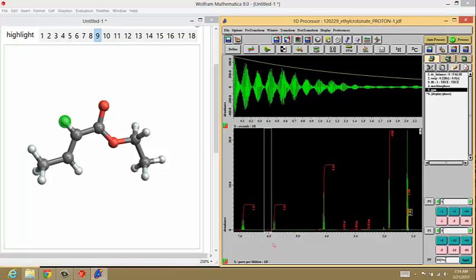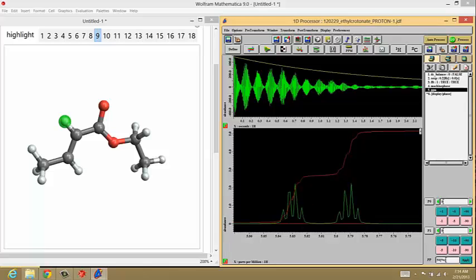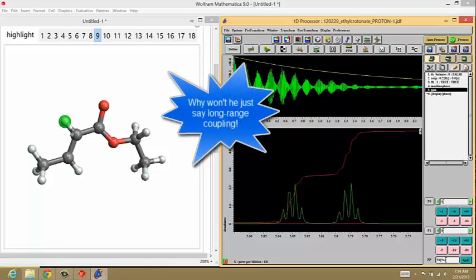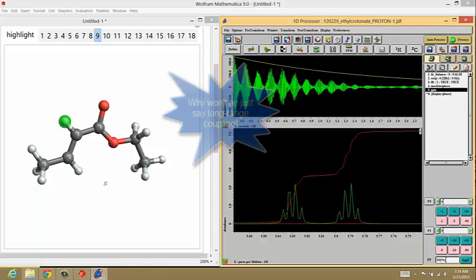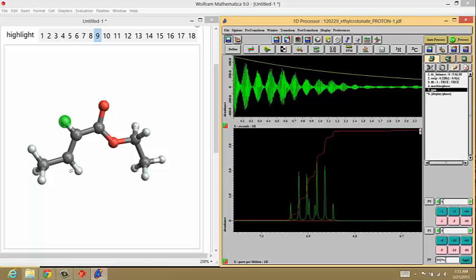If we look at the peak at around 5.8, we do see 2 features here. Now notice, again, we see some additional fine structure, and that is due to the fact that it's not just the nearest neighbors, but the farther away neighbors will contribute to the splitting pattern that we see. But we see 2 general features, and so we can assign the peak system at 5.8 to that one hydrogen.